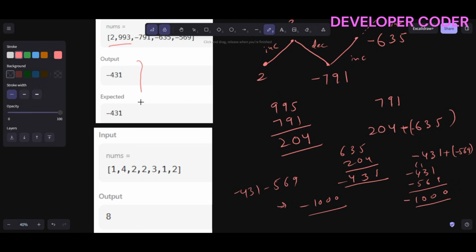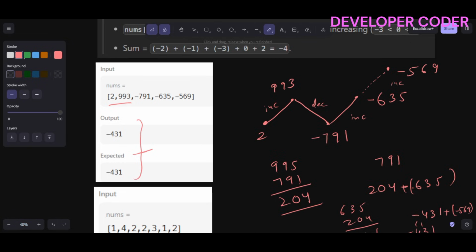But minus 1000 is not my output here. It is minus 431. That simply means I am just taking this part here, this and this. That's it. I'm not taking this minus 569. So from this example, I proved that here also we need to check like this. First we have to fix 2 points and then only we need to extend.